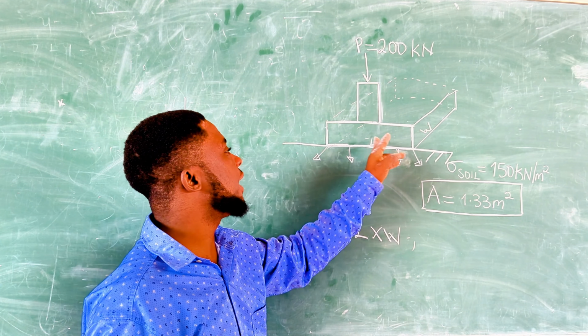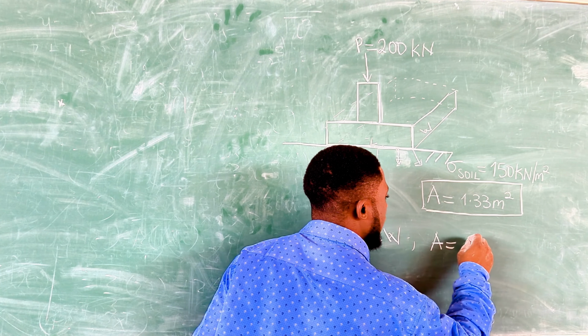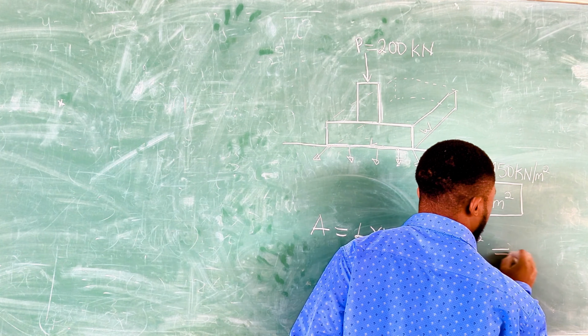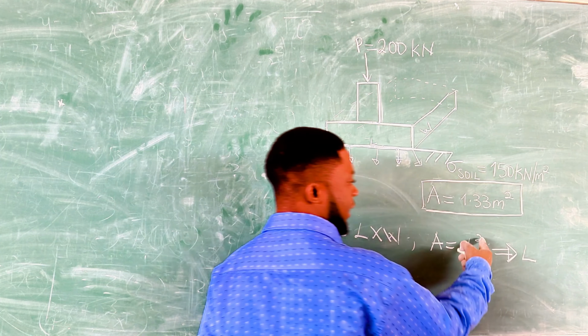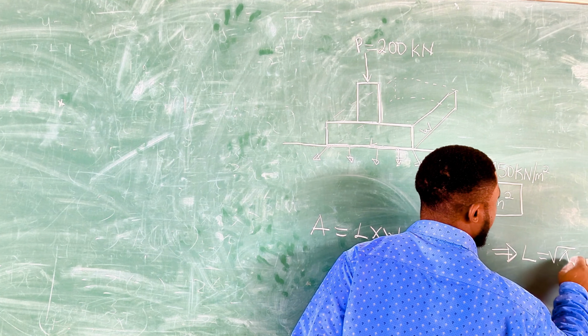But for a square footing, where the length is equal to the width, it means that area will be equal to L squared, which is length times length. This will imply that our length here will be equal to the square root of the area.